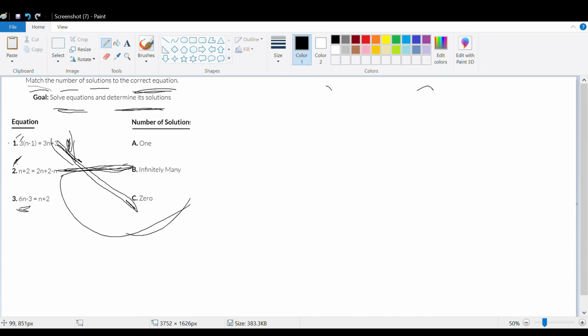Using POE, process of elimination, we can see that 3 matches up with A, but we will actually solve this. Let's rewrite this over here. That's 6n minus 3 equals n plus 2.